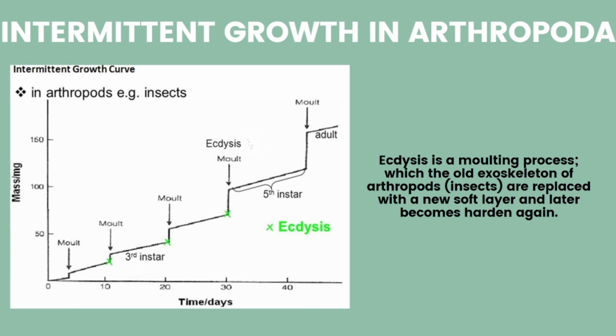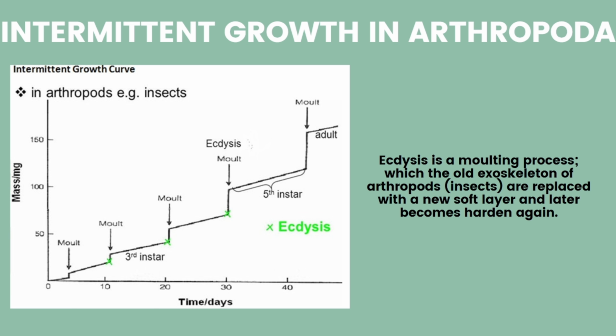Okay, the final one, intermittent growth. One of the most common examples is the insect. But in the past few years, they do not only use insects. They use other types of animals like crab.